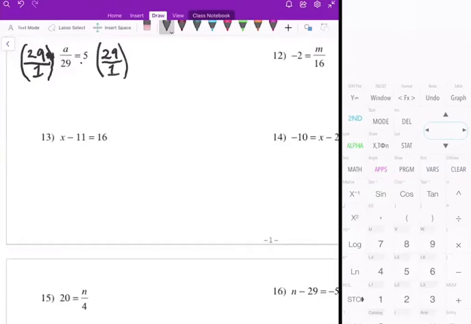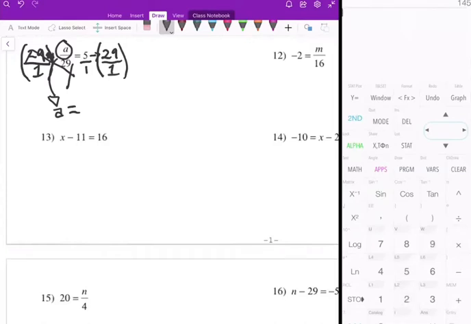Now we're going to make that 5 a fraction, right? And now with this, 29 divided by 29 is just 1. So all this becomes 1. You bring down your variable. A is equal to, now here, we just multiply it across. What's 5 times 29? Over here on the calculator, so on your right side, 5 times 29 is equal to 145.